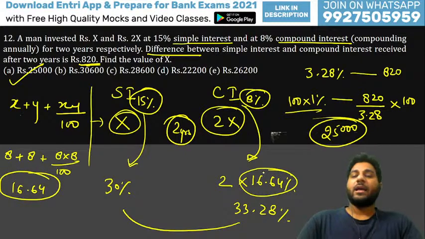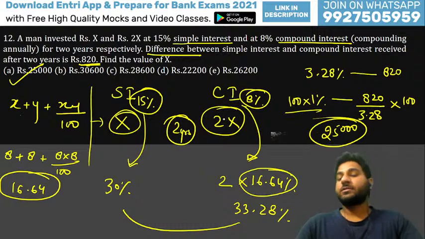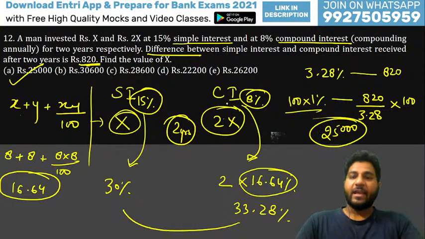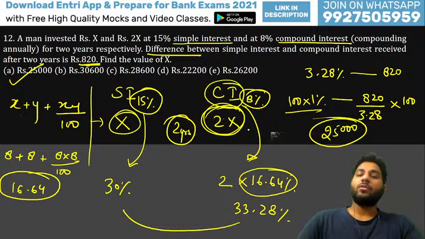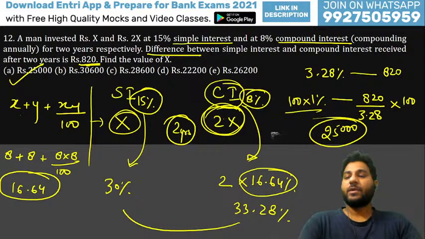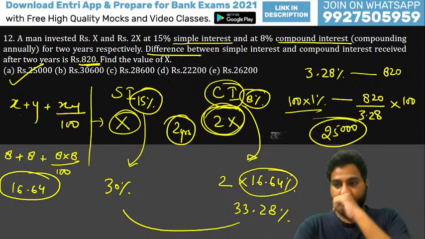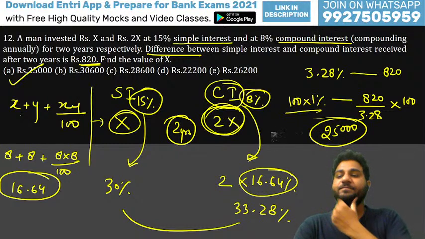But if only X was provided, the principal amount for the second scheme, which was given in terms of compound interest, will be 2x. So that means you will have to multiply it with 2. Alright, and then you should compare. Now tell me, are you getting it?